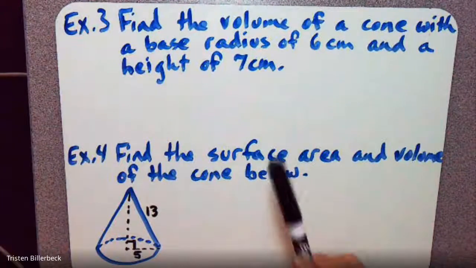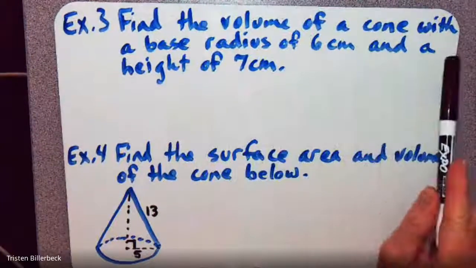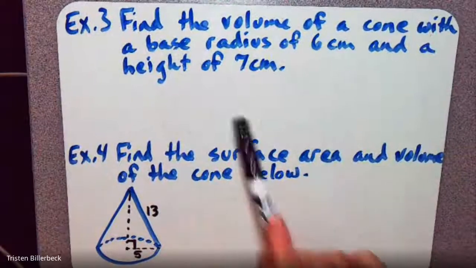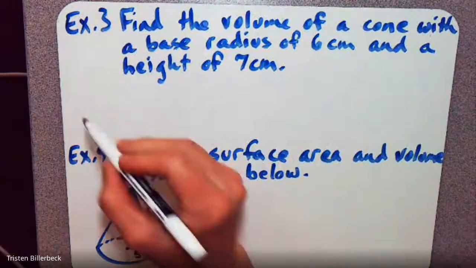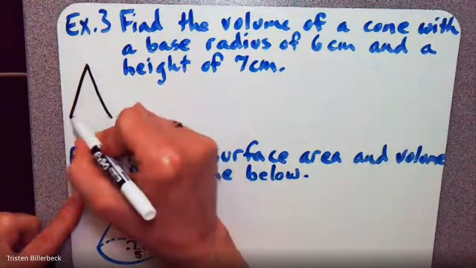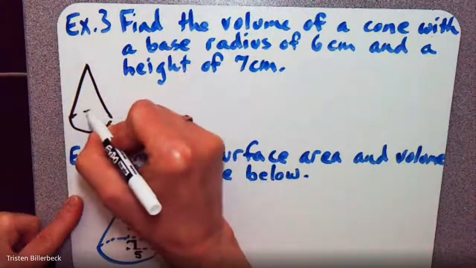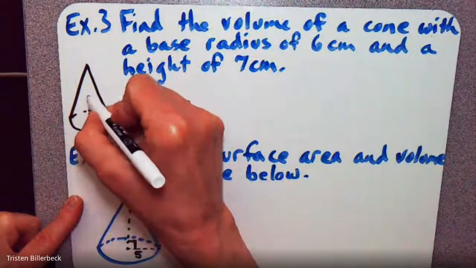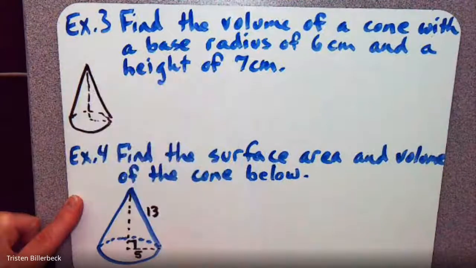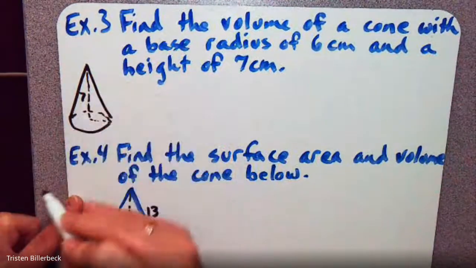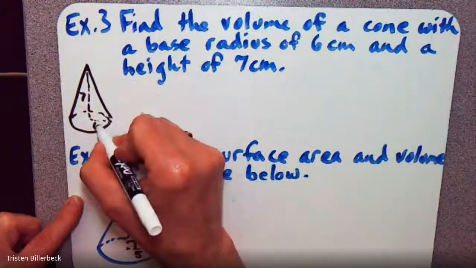Okay, so this one says find the volume of a cone with a base radius of 6 centimeters and a height of 7 centimeters. So if we draw the cone really quickly, okay, we have a height of 7 and a radius of 6.